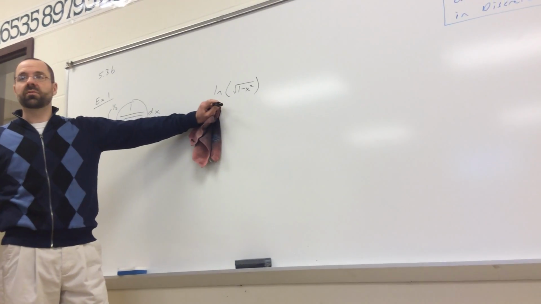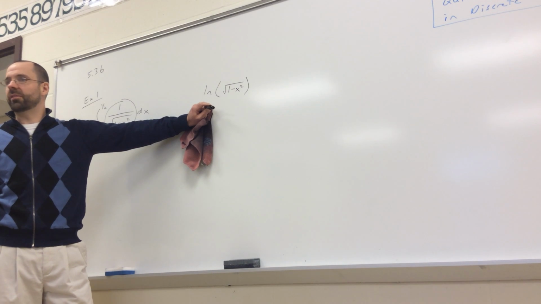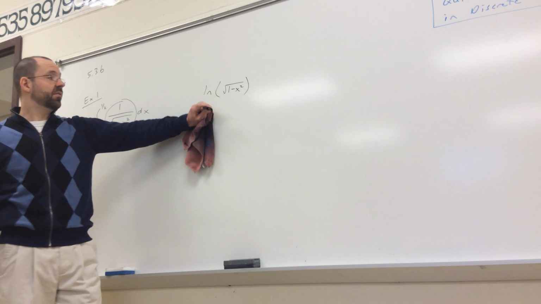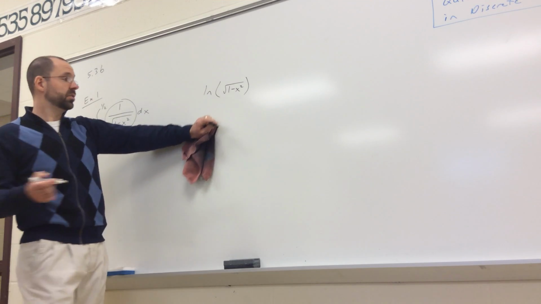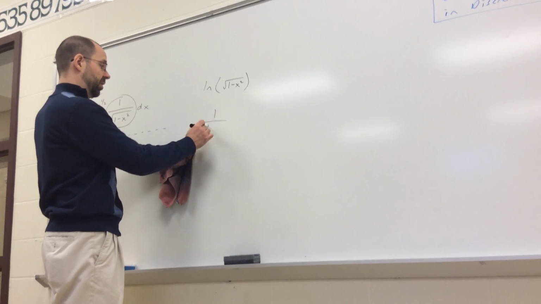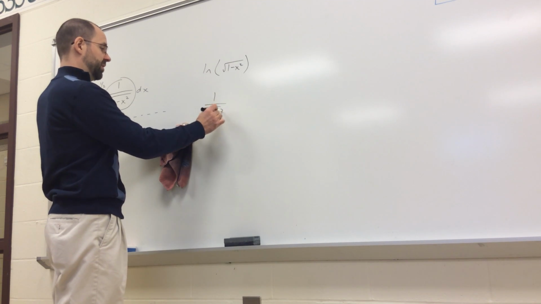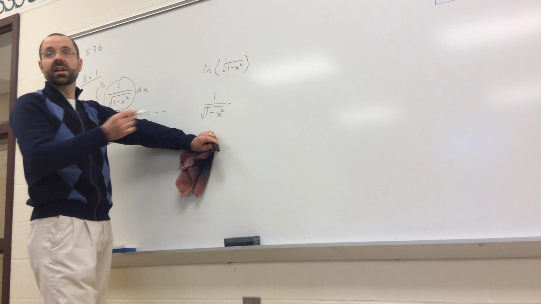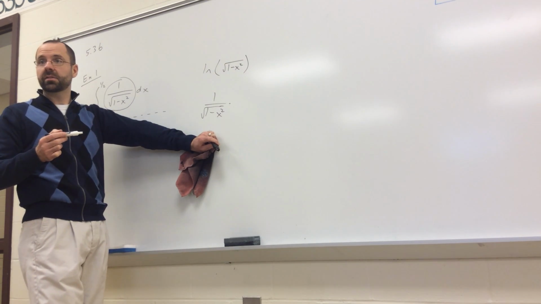That's true. So it kind of seems like the antiderivative of this should be that. So this is sort of right, but let me take the derivative of it to show you why it's not completely right. If I take the derivative of this, you would have 1 over 1 minus the square root of 1 minus x squared. But then you would have to multiply by the derivative of this from chain rule, right?